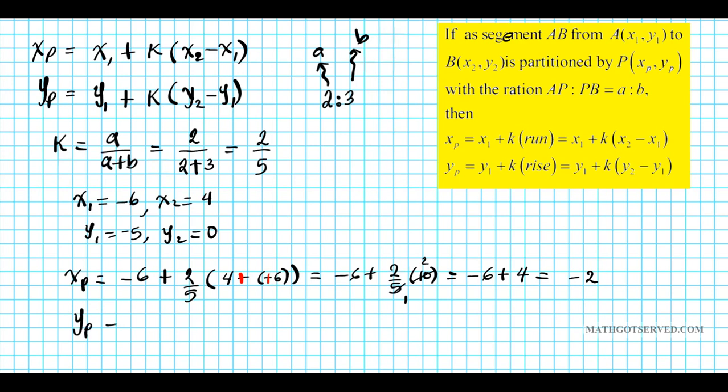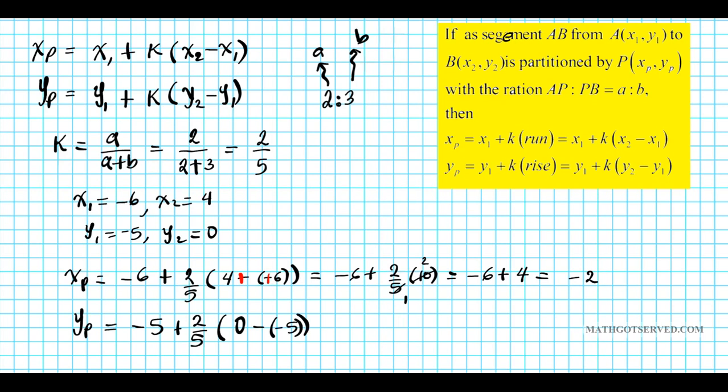Y of p is what? It's y1, which is, actually y1 is not 0, y1 is negative 5. Negative 5 plus k for your partition times your rise, we're taking this fractional piece of your rise, y2 minus y1. y2 is 0 minus y1, which is negative 5.